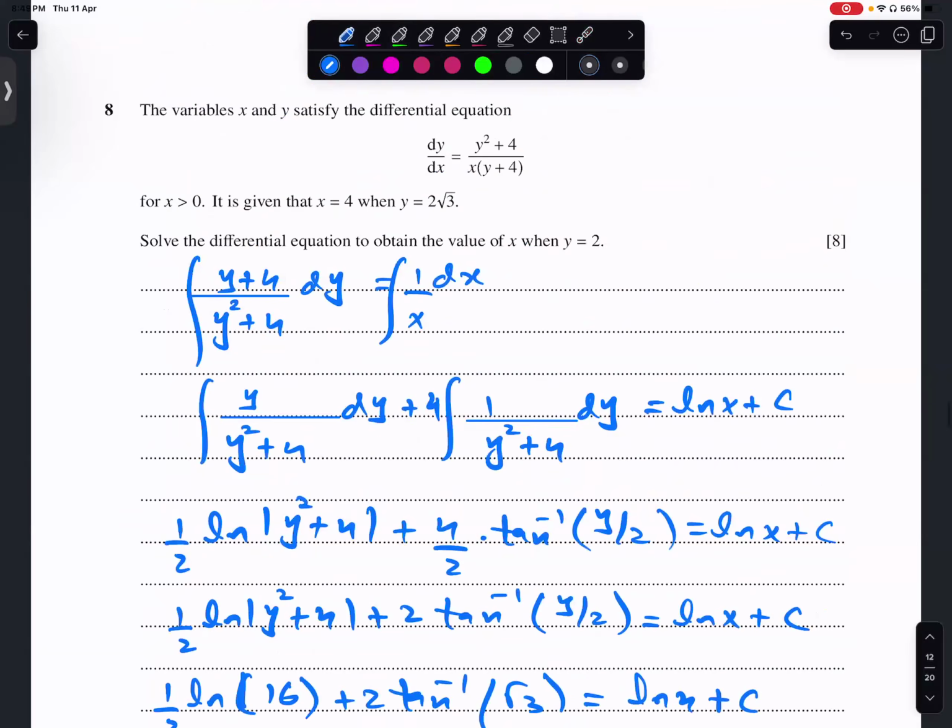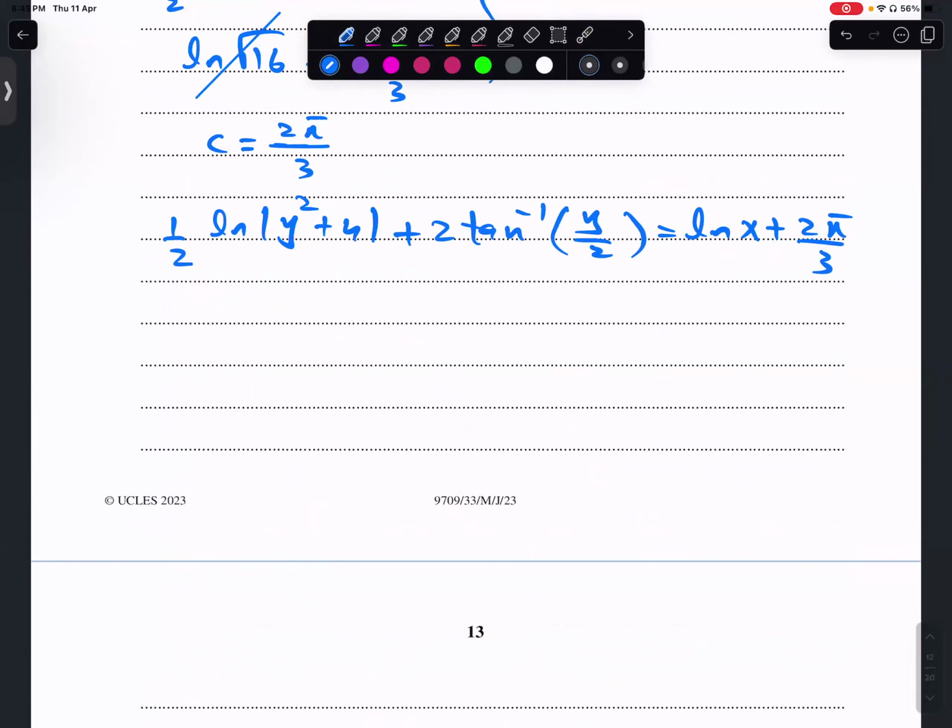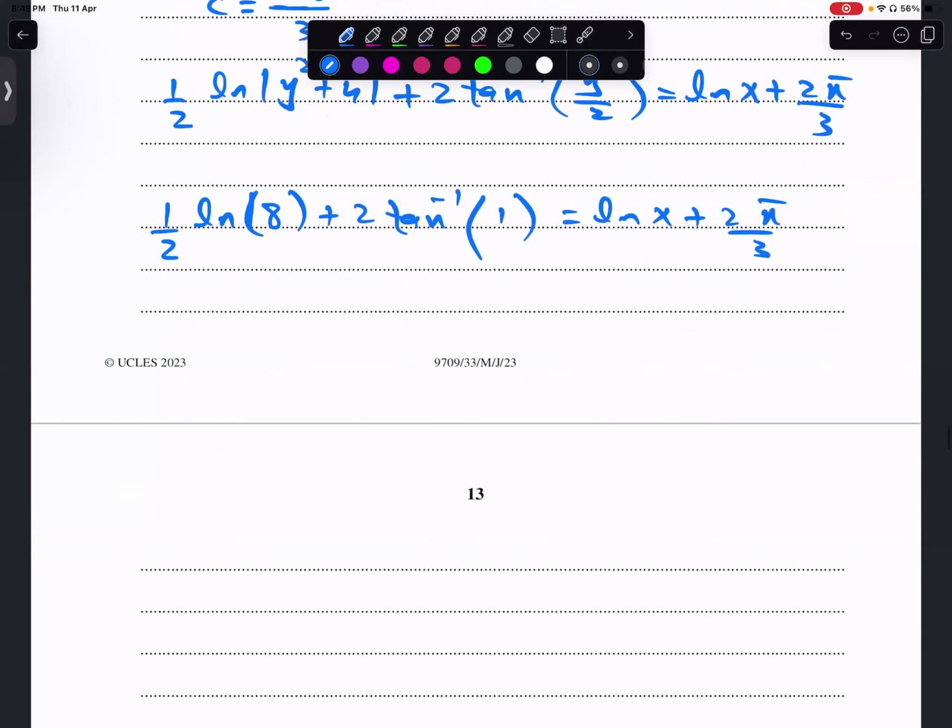Y is 2. So 1 over 2, y is 2, so this will become 8, ln 8, plus 2 tangent inverse of 2 by 2 is equal to ln of x plus 2 pi by 3.